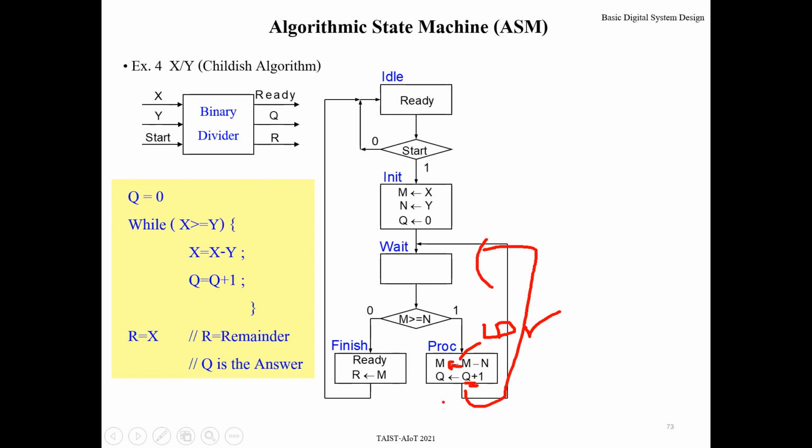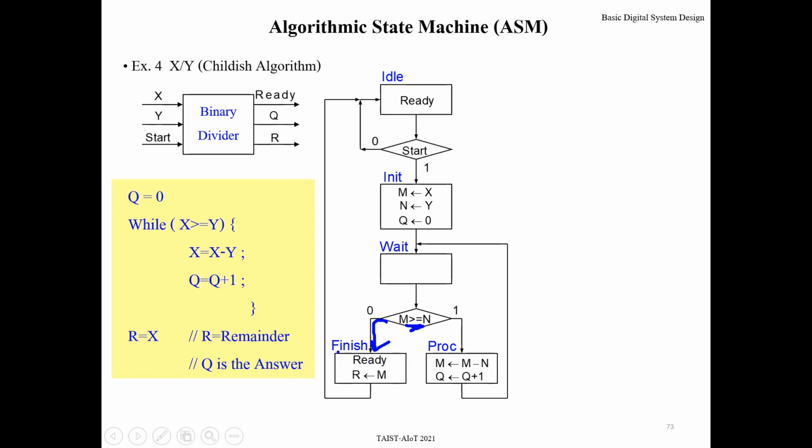This one also counts up, right? Just the enable of the counter is active, but it does not count up suddenly. It must wait for the clock tick. That means when the clock ticks in state wait, the values of the reduced M and Q will be updated. And repeat this until this condition becomes false.